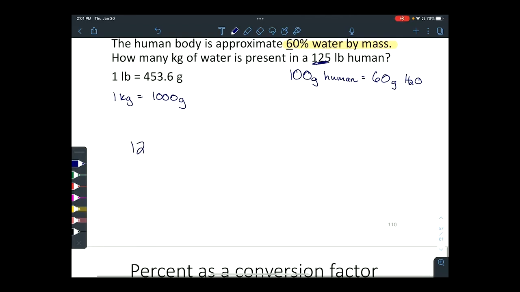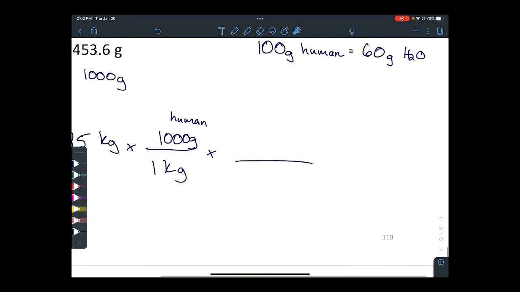I'm going to start with 125 kilograms of human. Unfortunately, I'm in grams right now, so I'm going to convert those kilograms to grams. So 1 kilogram, 1,000 grams of human. The question is, do I want to put the 60 grams up top or on the bottom?